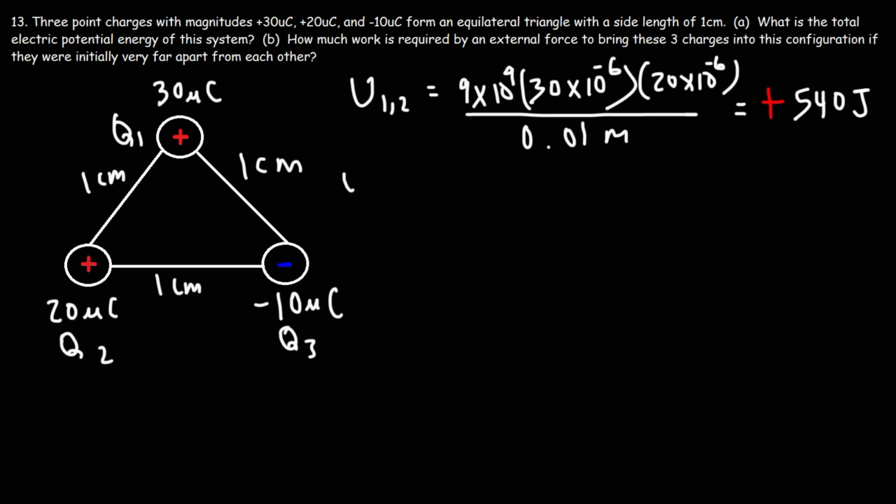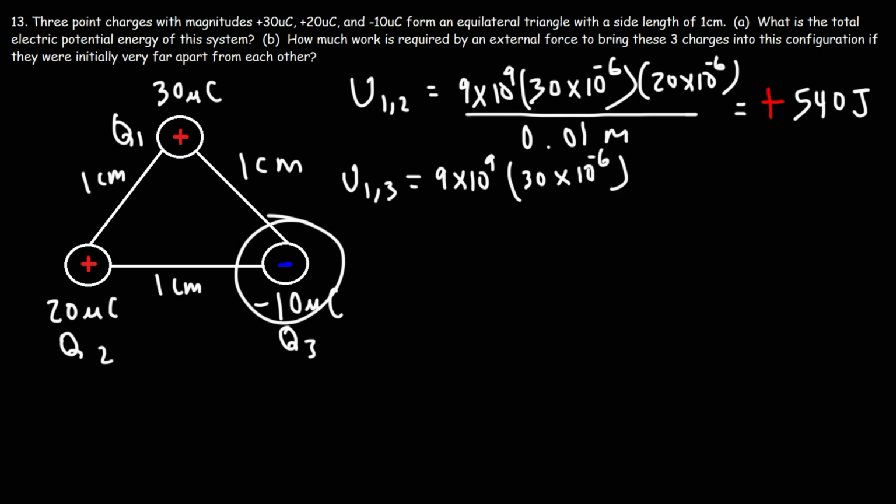Now let's do the same for finding the electric potential energy between charges 1 and 3. So we have K and then Q1. So that's positive 30 times 10 to negative 6. Q3 rather, that's going to be negative. So we need to incorporate the negative sign to get this right.